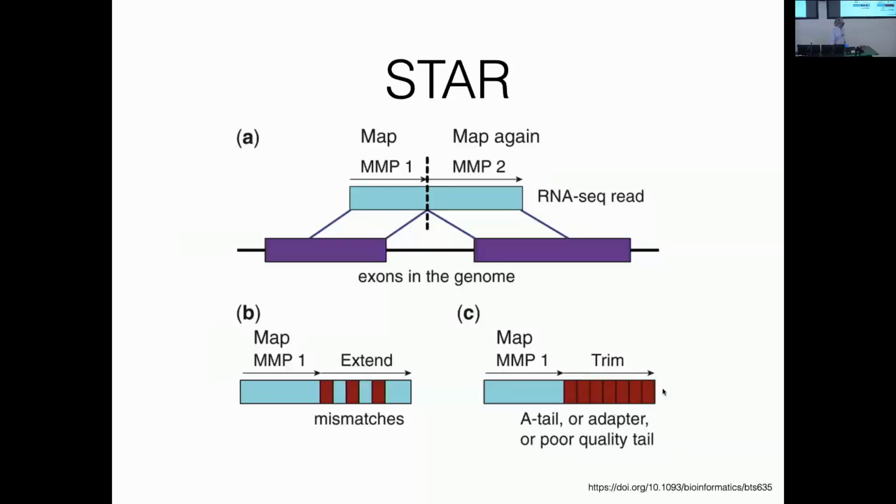If you design the software such that it recognizes that part of the sequence might not match the genome, and part of the sequence might just not match anywhere in the genome, it's going to do a better job of dealing with that.